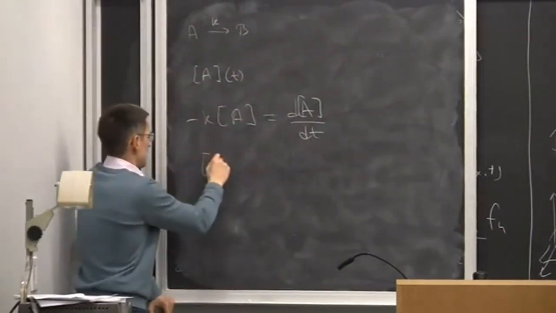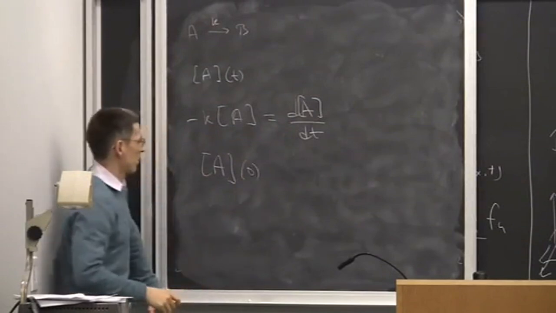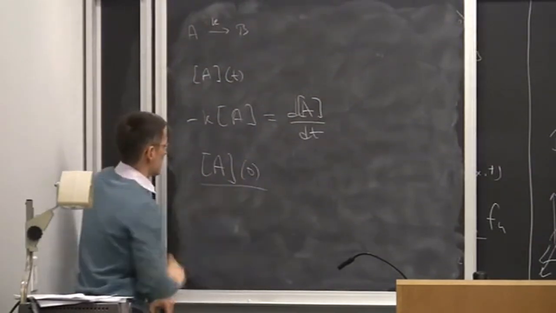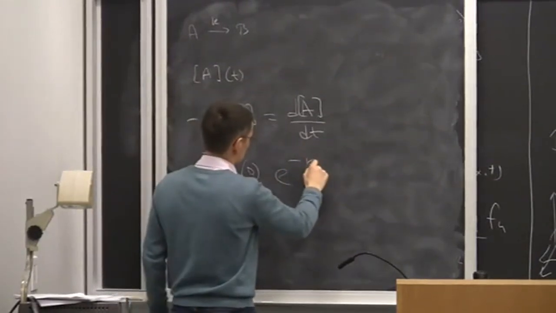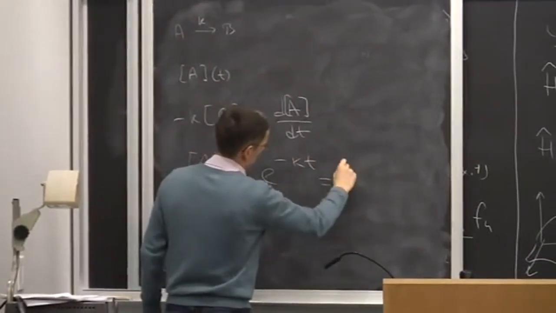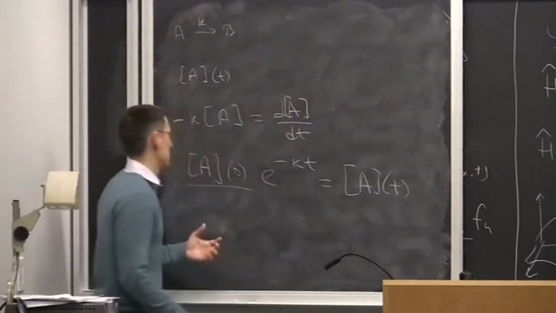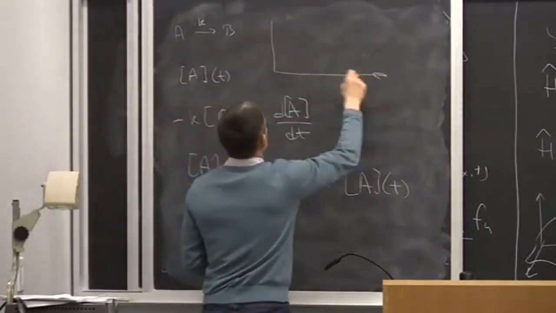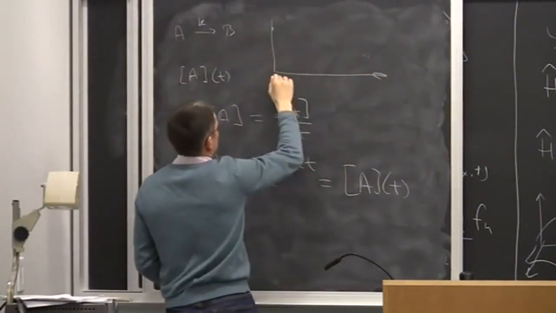If you solve it, well, first of all, you need the zero time concentration of A, right? If you know this, then you can write down that this is the concentration of A at a later time.